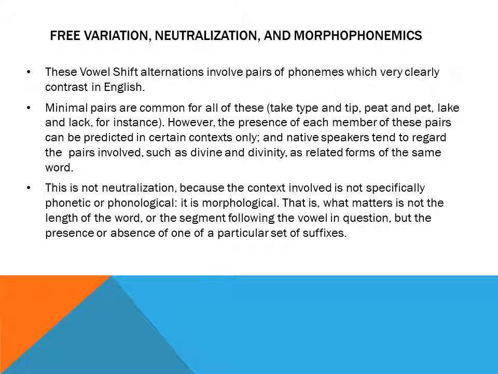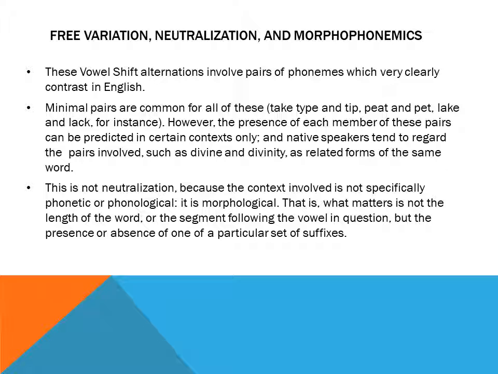These vowel shift alternations involve pairs of phonemes which very clearly contrast in English. It's so called because the patterns reflect the operation of a sound change called the Great Vowel Shift several hundred years ago. Minimal pairs are common for all of these: take, type and tape, peep and pass, lake and lack, for instance.